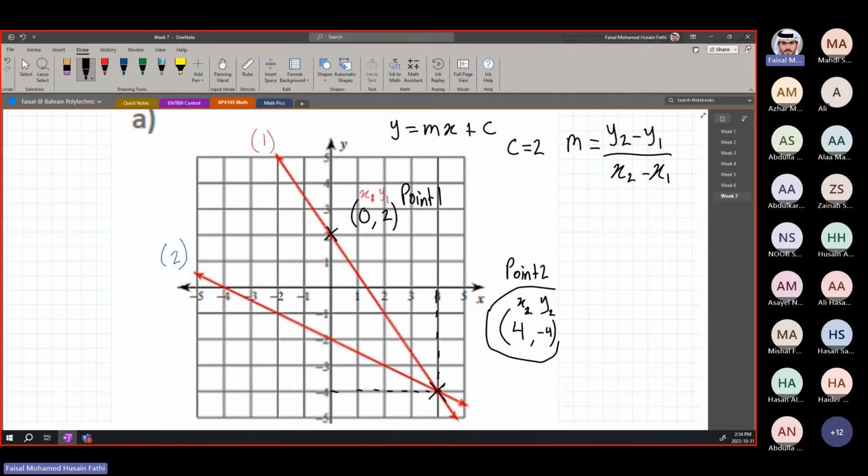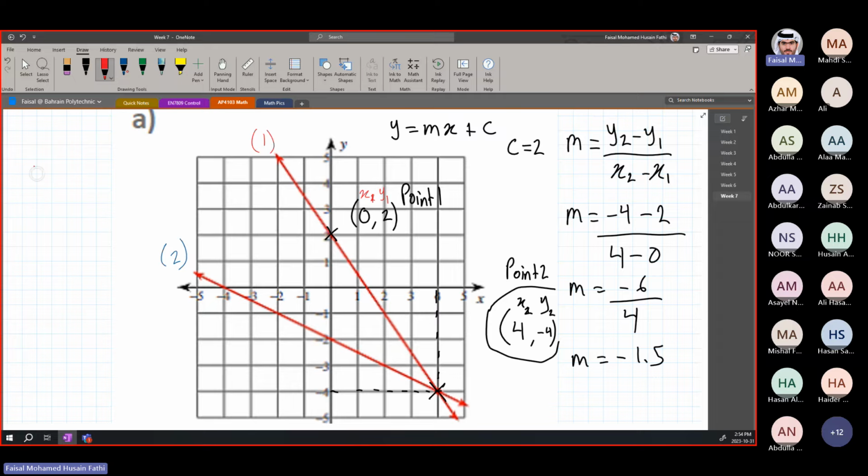Now, to solve, m is equal to y2, which is minus 4, minus y1, which is 2, over x2, which is 4, minus x1, which is 0. m is equal to minus 4 minus 2, which is minus 6, over 4 minus 0, which is just 4. So m is equal to minus 1.5. So we found m.